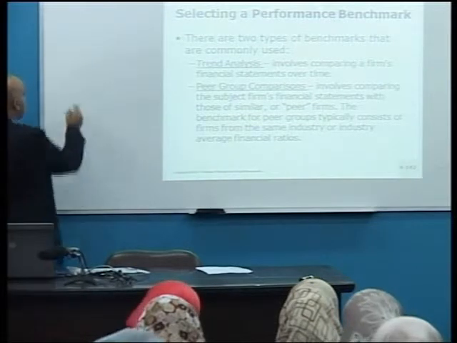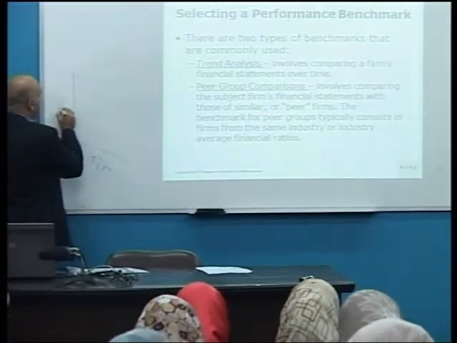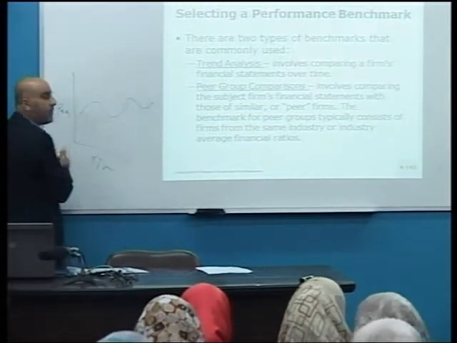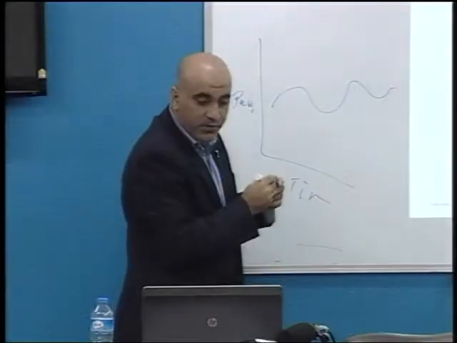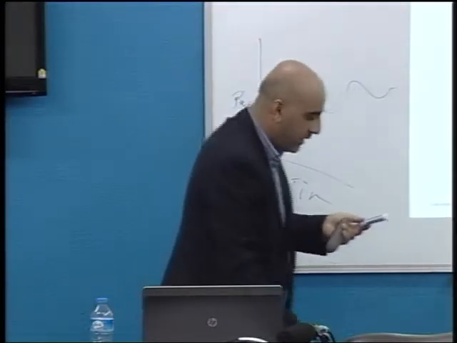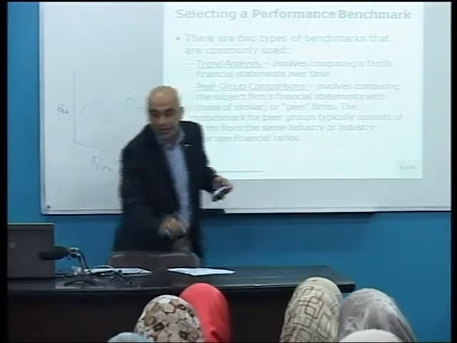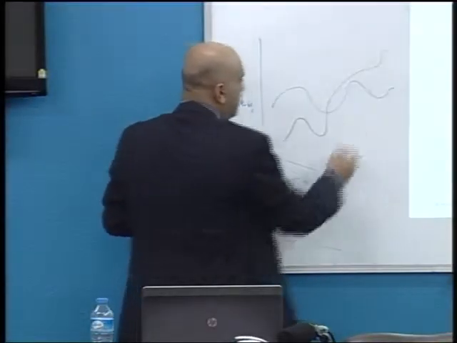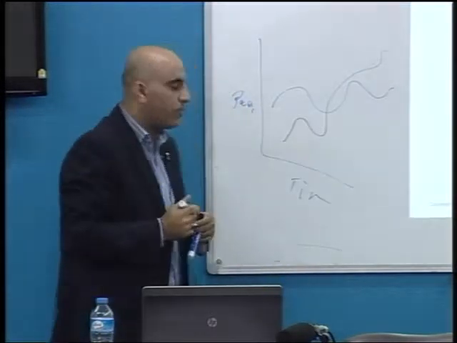For instance, if we talk about trend analysis, this is the time and this is the performance. You compare yourself with the historical price. If you talk about the peer group, you can compare yourself with other groups or with the industry. For instance, we can compare Google with Yahoo, like this. So compare this blue line with the black one.